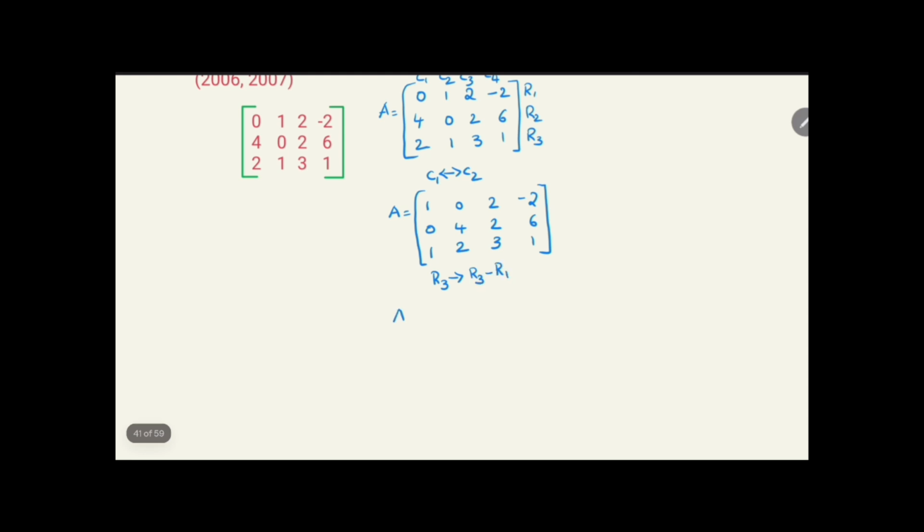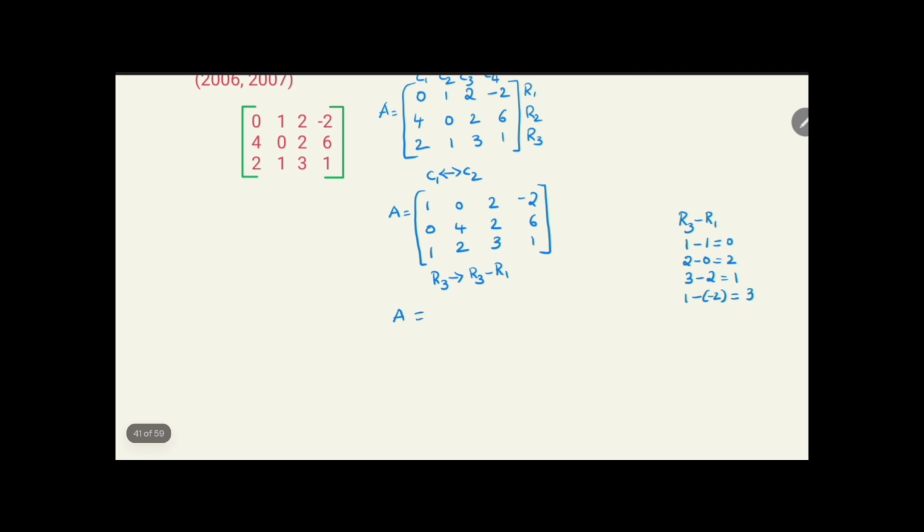So A is equal to, so R3 minus R1, I will do it here, students. R3 minus R1. So what is the first element of R3? It is 1 minus 1 is equal to 0. 2 minus 0 is equal to 2. What is the third element of R3? 3 minus 2 is equal to 1. And 1 minus of minus 2 is equal to 1 plus 2, that is 3.